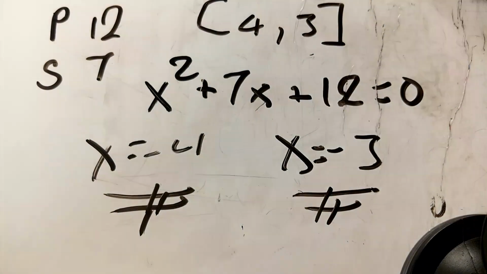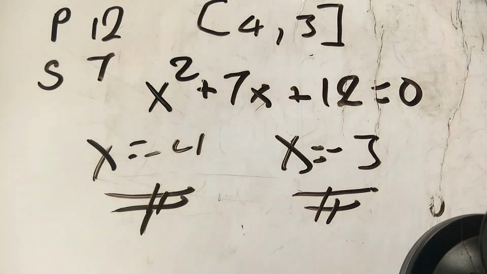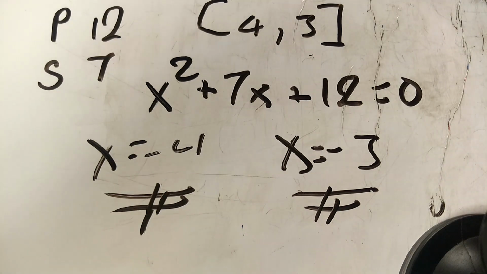But this only works for quadratic equations where the value of a is 1, or the coefficient of the variable x squared is 1. So you just find the two terms which you're looking for and then flip their signs, and then you will have your values for the specific variable you are looking for.